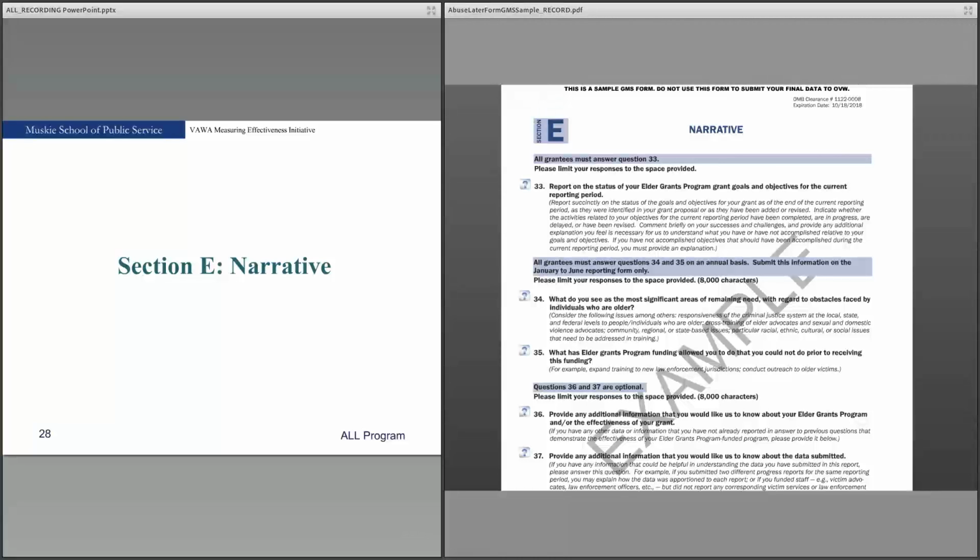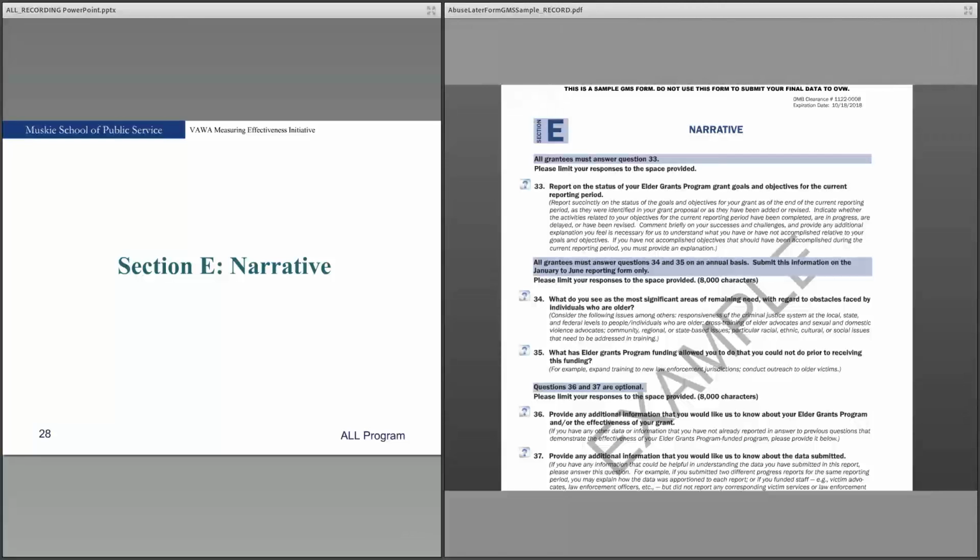Please use question 37 to provide any additional information about the submitted data, such as if you submitted 2 different reports for the same period, or if you need to provide dummy data in a section in order to validate the form. We will be talking about validation.